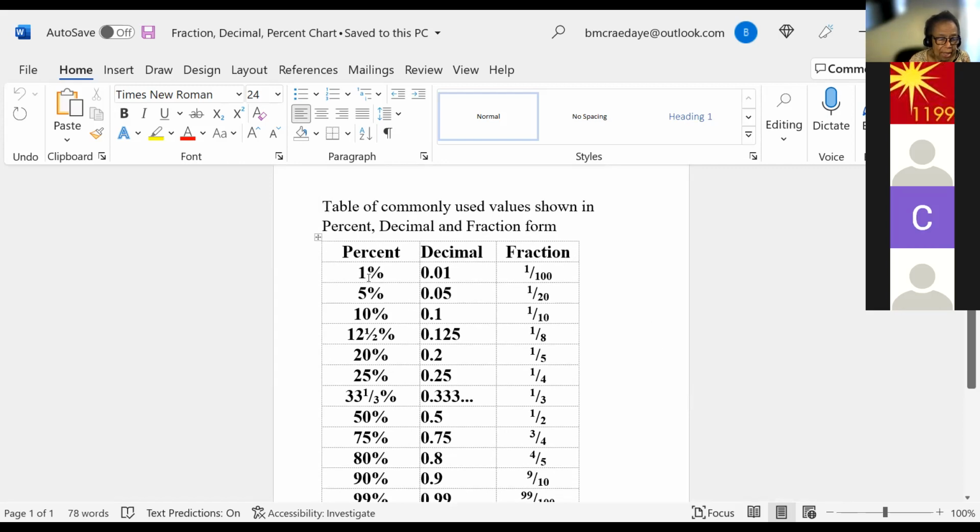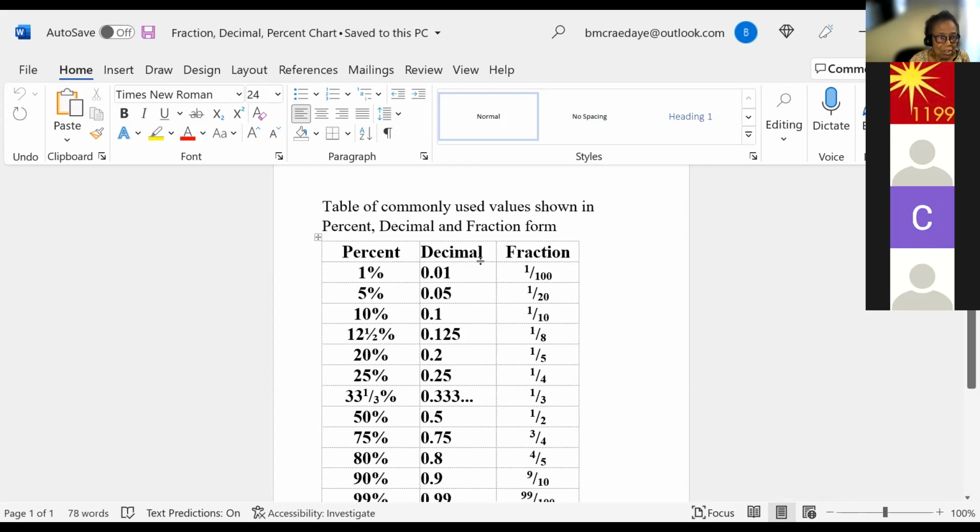1% as a decimal is 0.01. In other words, you're dividing 1 by 100. And that's what the fraction is, 1 over 100. As a decimal, you divide by 100, or you could move your decimal point 2 places to the left. The decimal point is right behind the 1, and if you move it 2 places, it will be 0.01.